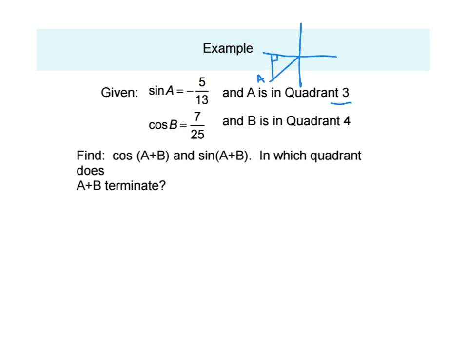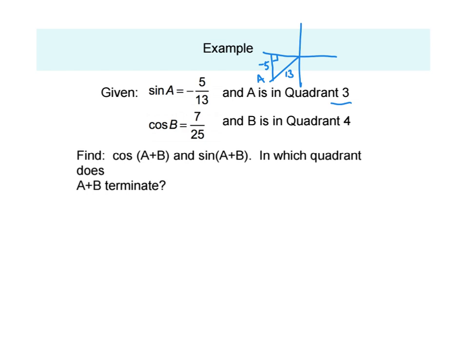And I'm going to draw myself an altitude to the x-axis. And then I know that sine is the opposite over the hypotenuse, or y over r. R is always positive. So y is negative 5, r is 13. So then we're going to use the Pythagorean theorem to help us find x.